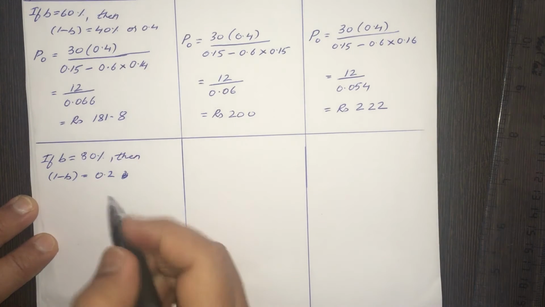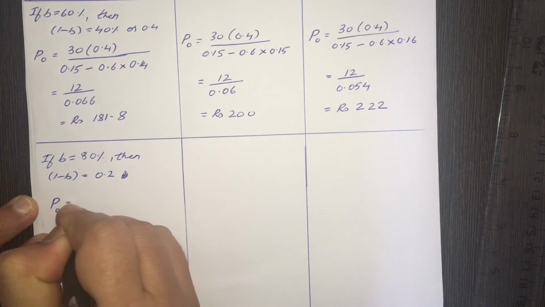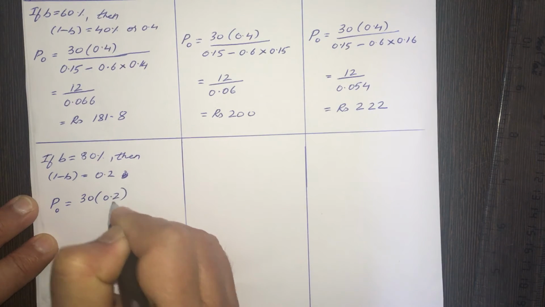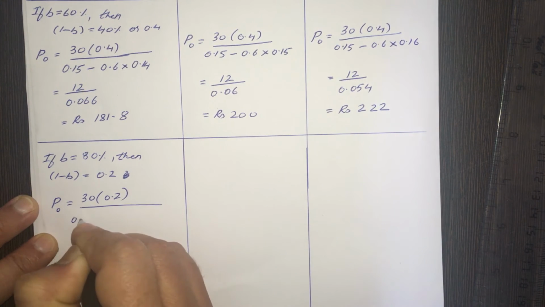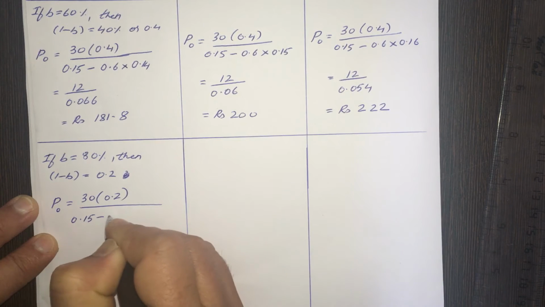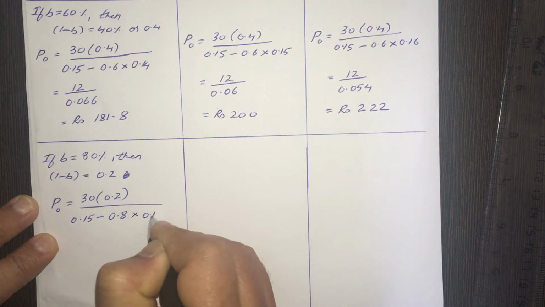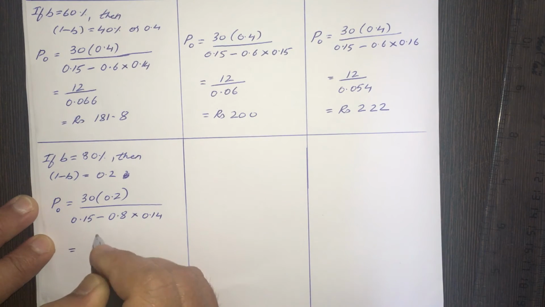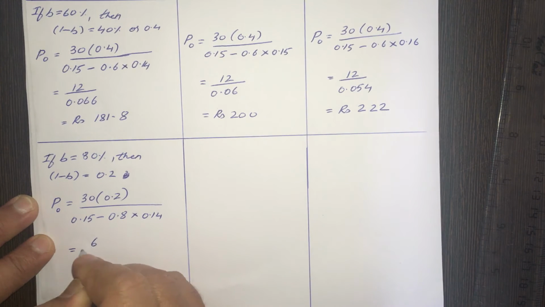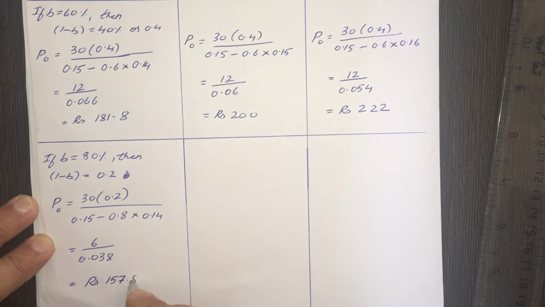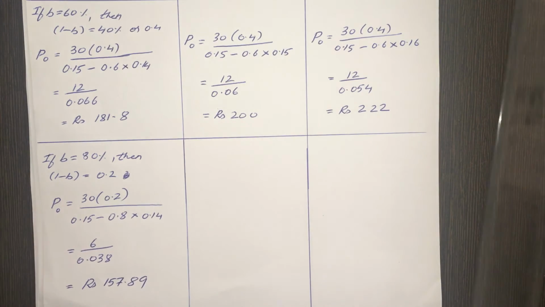So P0 is equal to 30 into 0.2 divided by 0.15 minus 0.8 into 0.14. This will be 6 divided by 0.038. When you solve that, you'll get rupees 157.89. Okay.